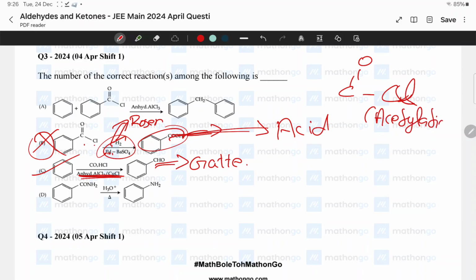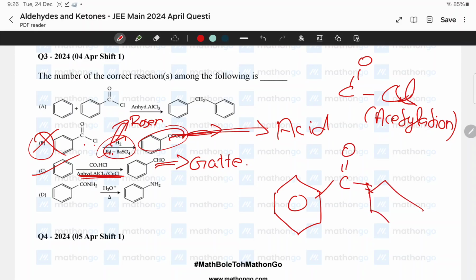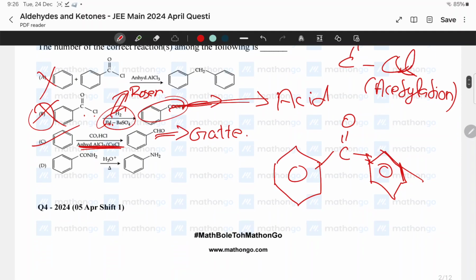Acetylation reaction means the product should have been something like this, but some problem is there. So this is also wrong.